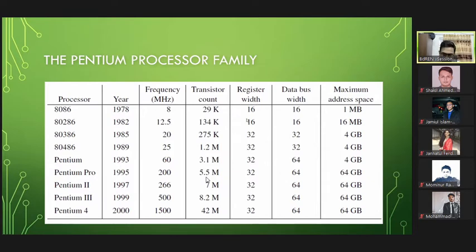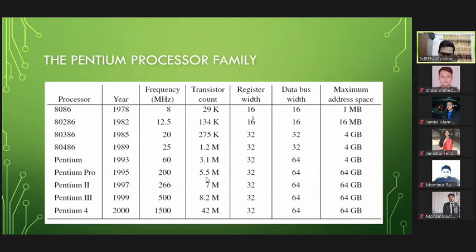The register width, we are going to discuss the register because each processor has its own type of register. Based on the width of the register, they are written in this way. As you can see, it's 16 and 32, most of them.